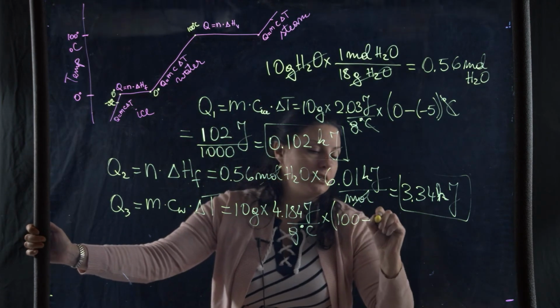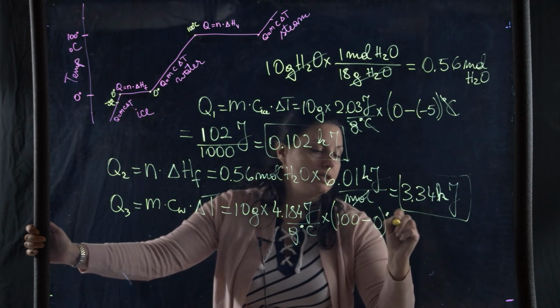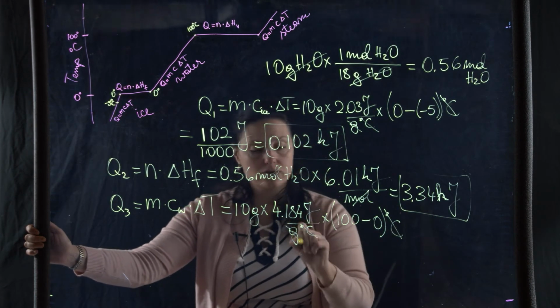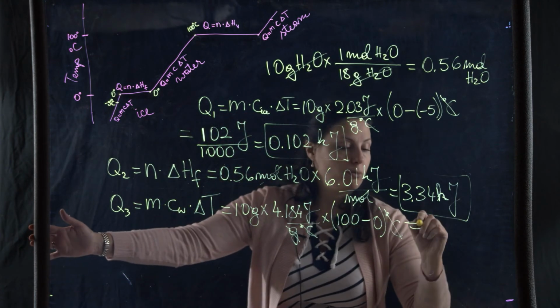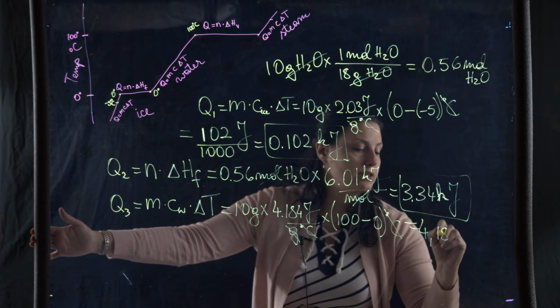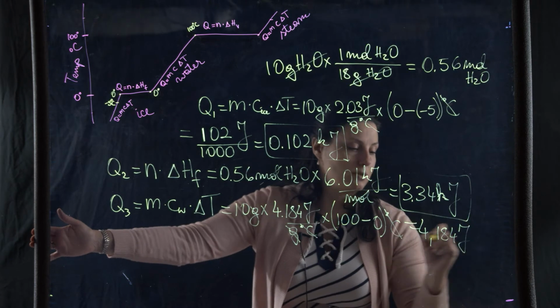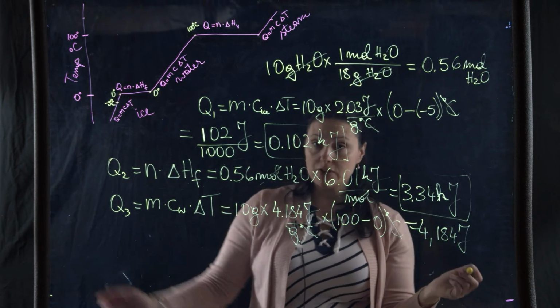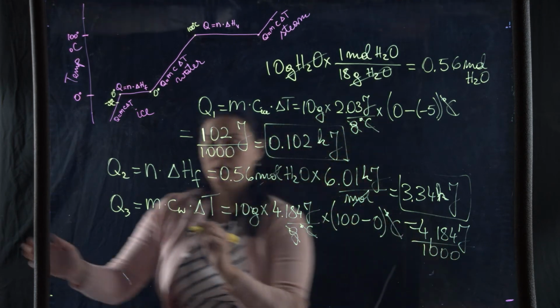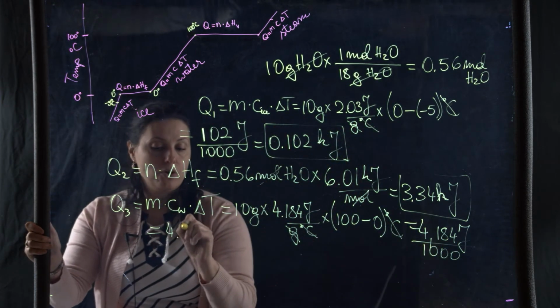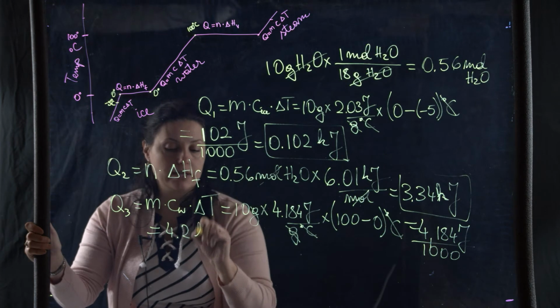It will be 100 minus 0 degrees Celsius. That will cancel out, grams will cancel, and if you do the math here, it will be 4,184 joules. Convert this to kilojoules by dividing by 1,000, and that gives me approximately 4.2 kilojoules.